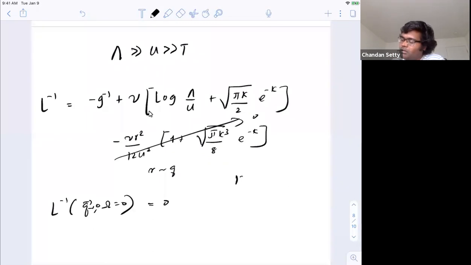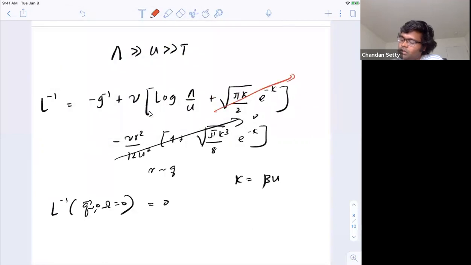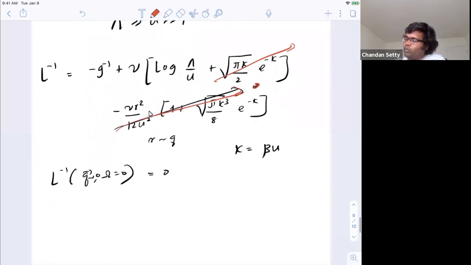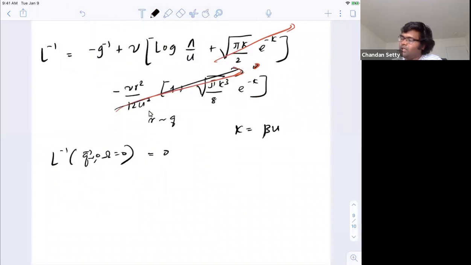And I'm looking at the case at very low temperatures or even T equal to 0, where kappa here is beta U. If I'm looking at the limit where beta tends to infinity, then e to the power minus kappa goes to 0. So this is 0, this is 0. And what you're left with is a critical value of U, which I call UC infinity, corresponding to beta equal to infinity, where you have a superconducting instability.